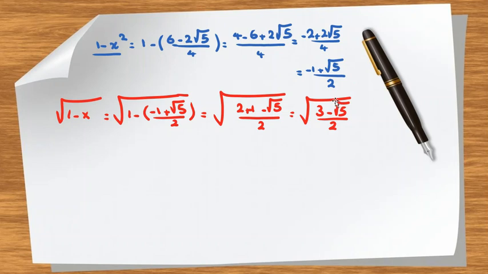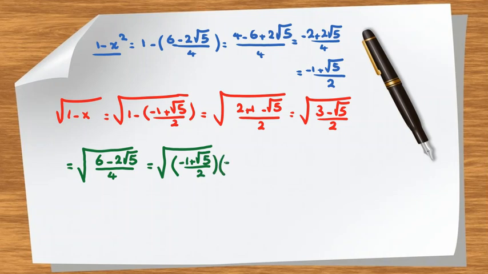So let's see how we can prove it. There are lots of ways. One way I can write is to multiply both numerator and denominator by 2. This is why I want to prove that this one is this squared. So this squared, the denominator will be 4. So here I multiply both numerator and denominator by 2. Then I can say it will be negative 1 plus root 5 times 2 times negative 1 plus root 5 over 2.